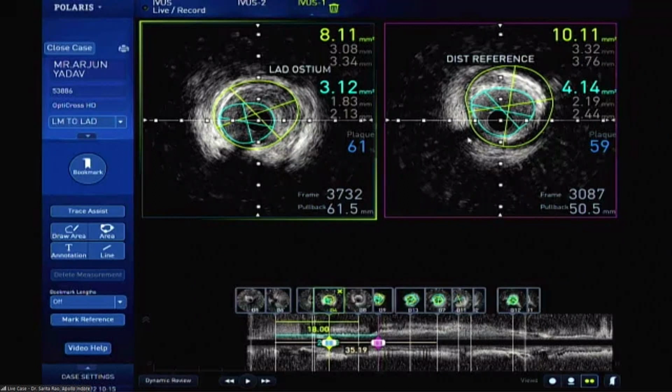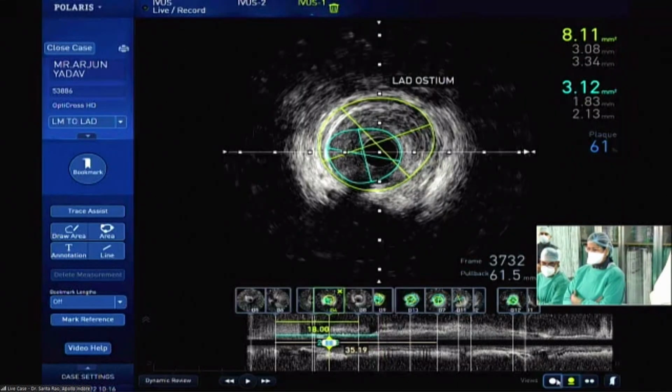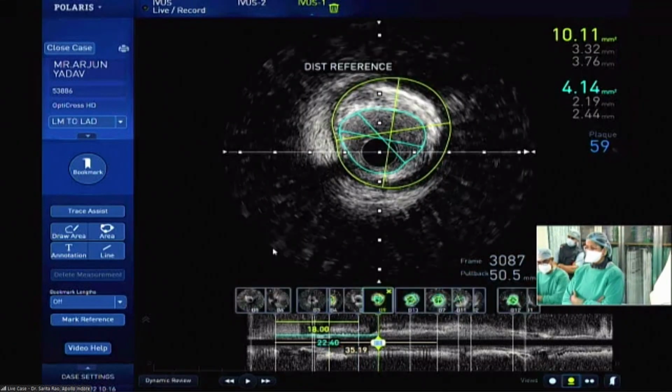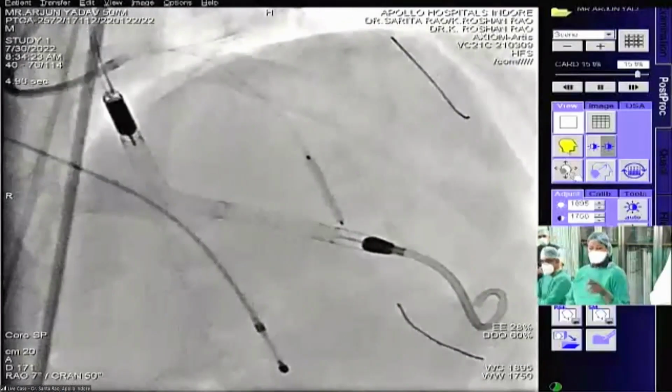Can you go to the next shot, please? So we went ahead and we fixed the distal LAD lesion. Next, please. Next. Somebody can show the angiogram on the screen. Remove the IVUS and this we fixed.